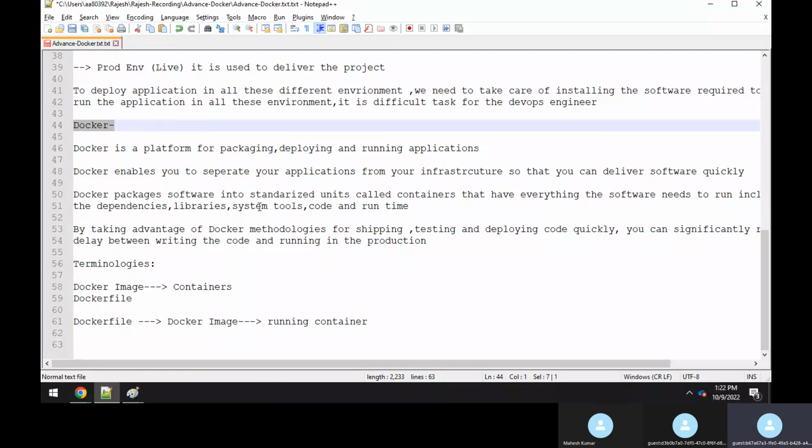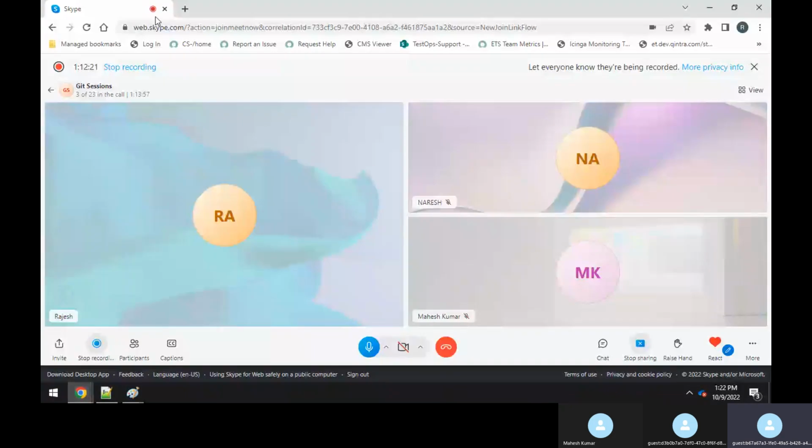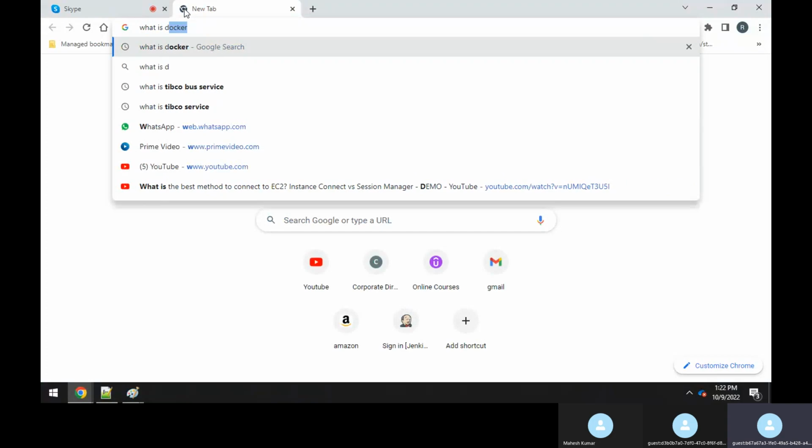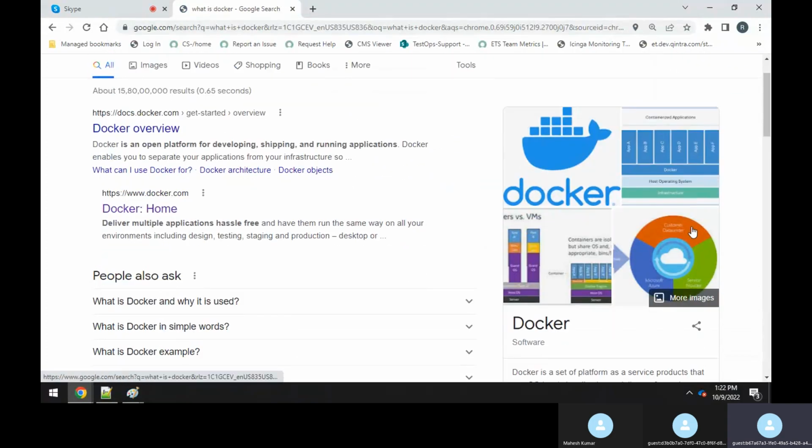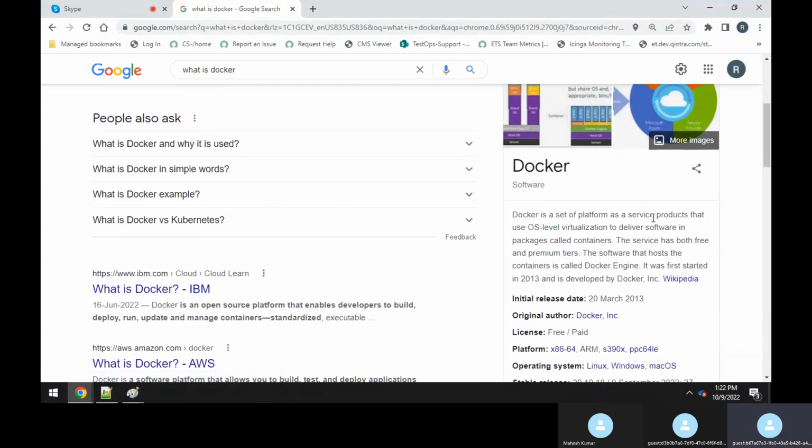So what is Docker? It is nothing but a platform for packaging, deploying, and running applications. Even if you go to the official website of Docker and look at what is Docker, it says that Docker is a set of platform as a service products that uses OS level virtualization to deliver the software in packages called containers.